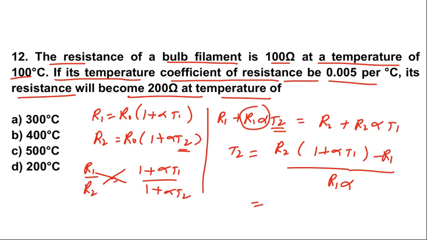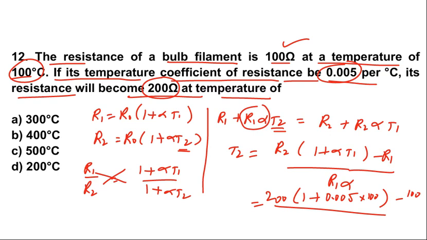R2 is given as 200 ohms, so 200 into 1 plus alpha T1, where alpha is 0.005 and the first temperature is 100 degrees centigrade, minus R1, the first resistance, which is 100 ohms, divided by R1 into alpha: R1 is 100 ohms, and alpha is 0.005.